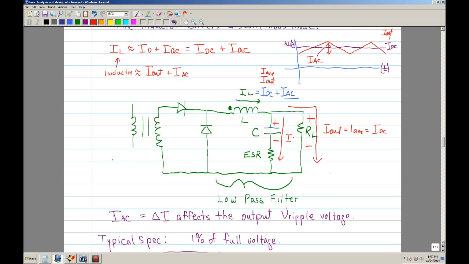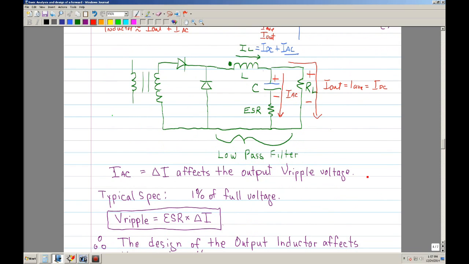So I'll put AC component. Okay, and with that as being known, you can actually set your ripple specification.